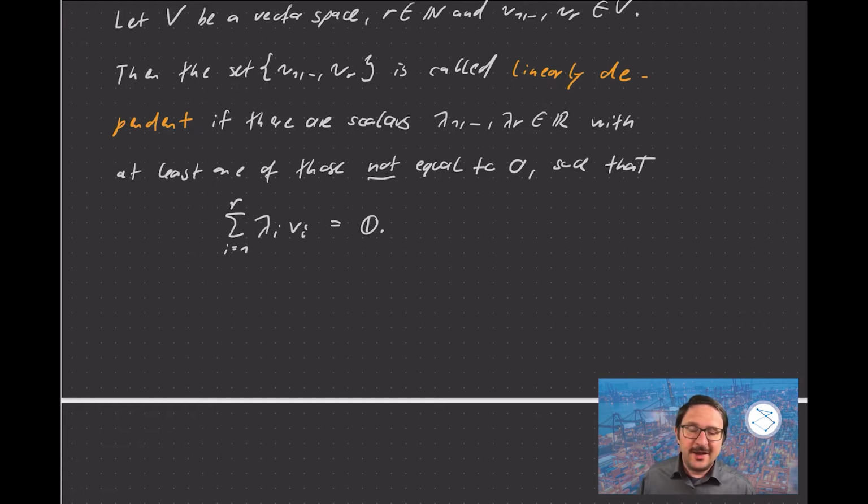And now we know that. Linear independence is the opposite. Meaning if that's not possible, if there is no non-trivial combination of the zero vector, then that set of vectors will be called linearly independent.